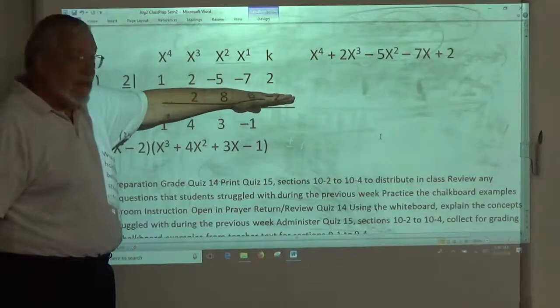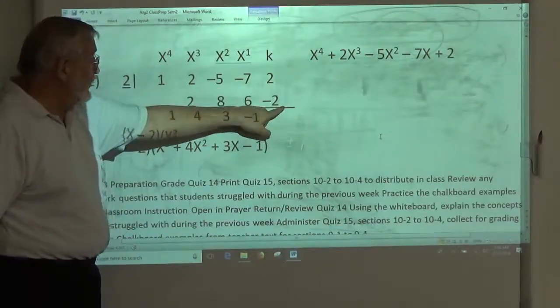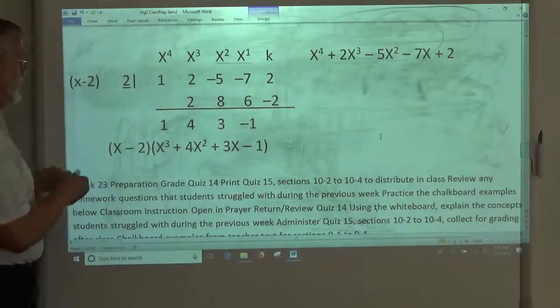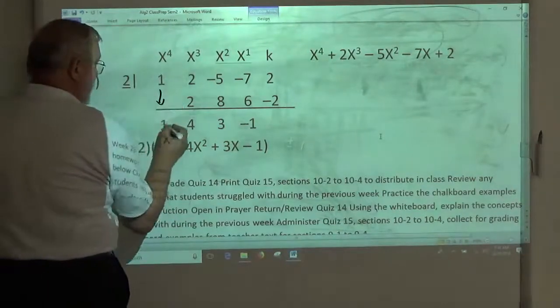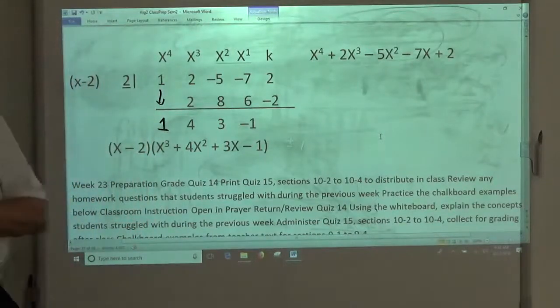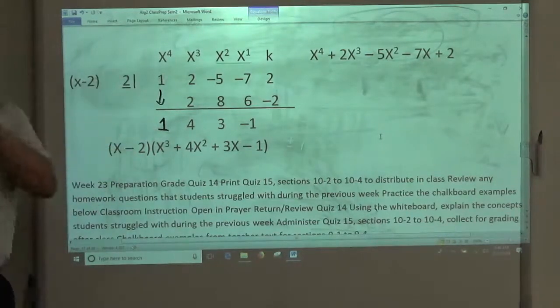Then you're going to bring this 1 down. The whole key to being correct on synthetic division is that first step. If you bring this 1 down to here, everything else will work in place.